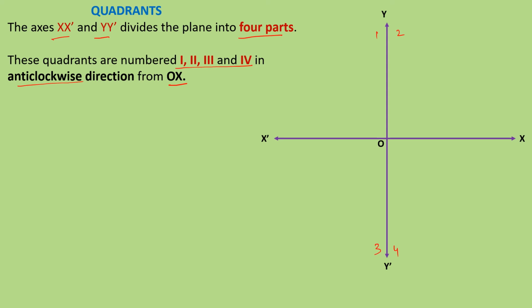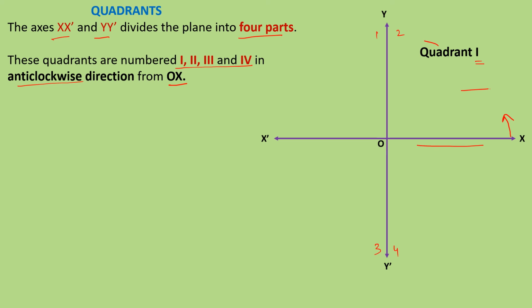But the numbering of the quadrants we cannot give according to our wish. Its numbering is fixed. So how to find its numbering? We have to start with the axis OX and go in anti-clockwise direction. So this is OX. From OX we move in anti-clockwise direction. I am reaching here first, so this is quadrant number 1.